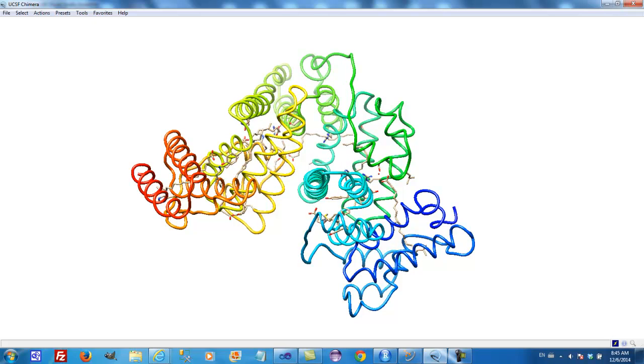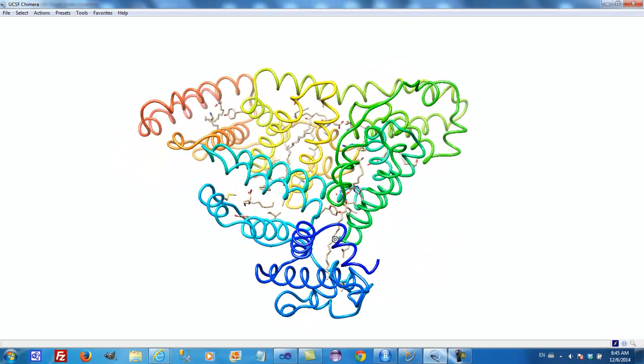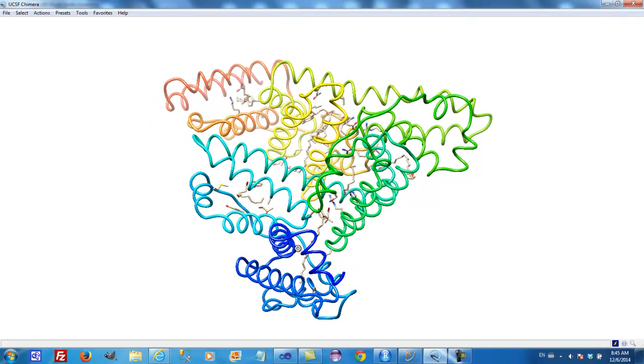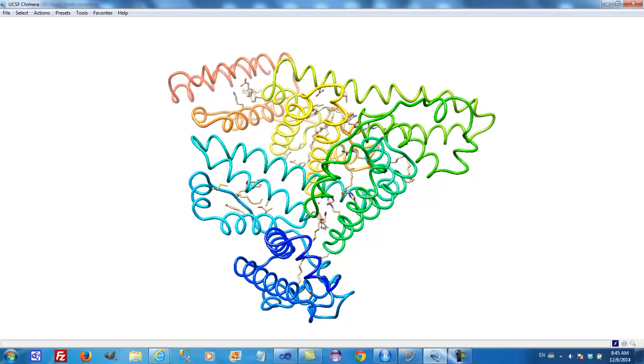And finally, if we go to the next alpha helix, which is here, it goes up, down, and up. And again, if we rotate this through 90 degrees so we're looking down on it, it makes it a bit easier to see. You can see that inside we have substances being bound too.